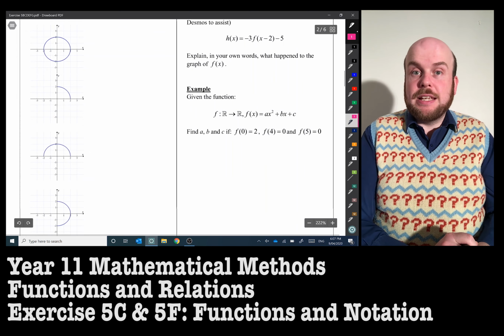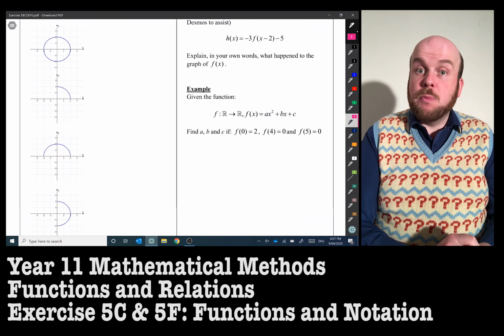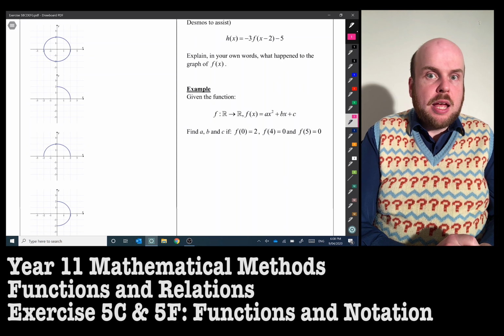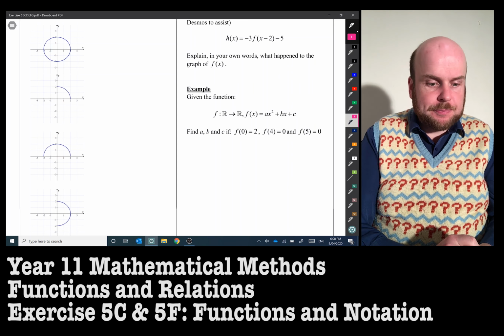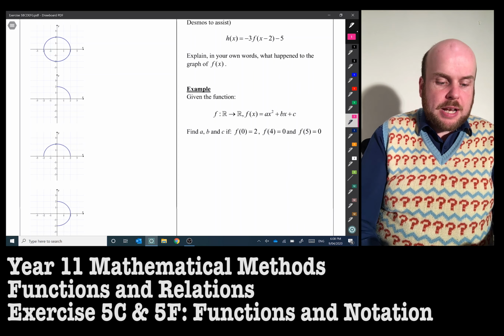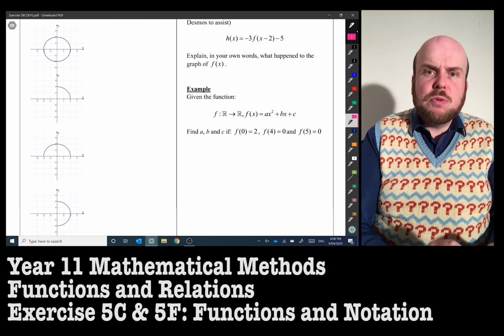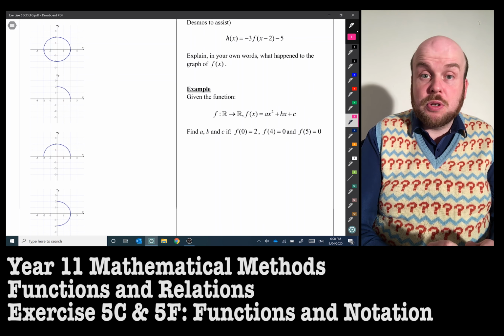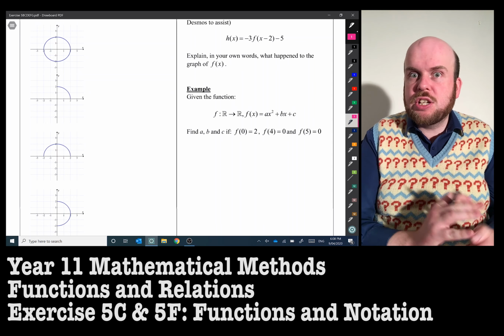So I've got a series of graphs here, and we need to identify which relation is which and which ones are functions. So let's go and have a look. These are all various versions of circle graphs. I've just chopped up a few.